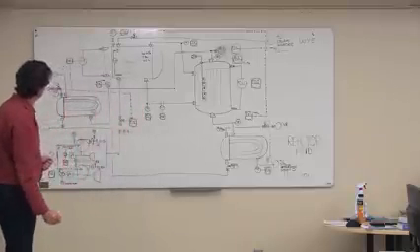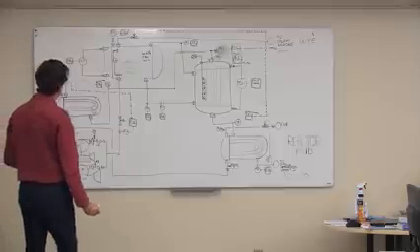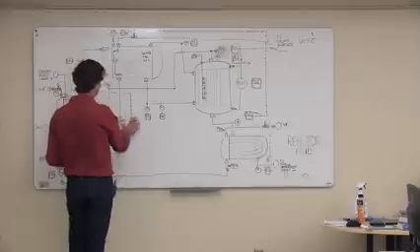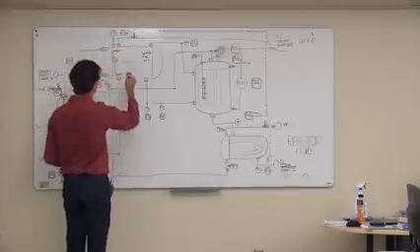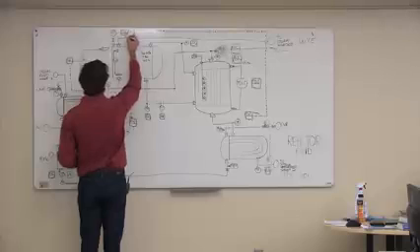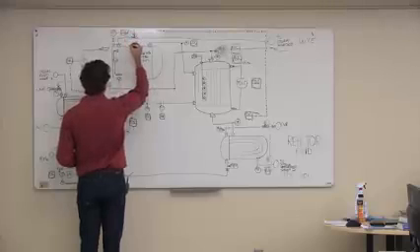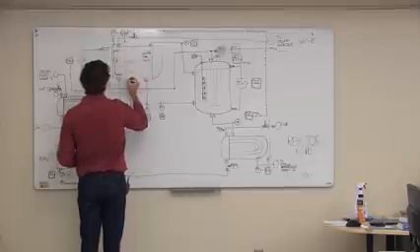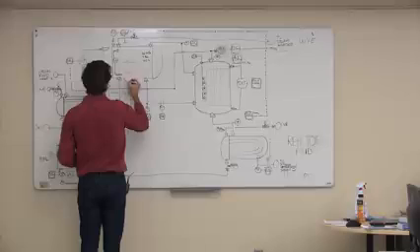And if we really wanted to, we could even send a signal from the pressure controller down so that the flow controller knows that the pressure is being manipulated. And that's going to be a little complicated here. So we're going to cheat, and we're going to do that.